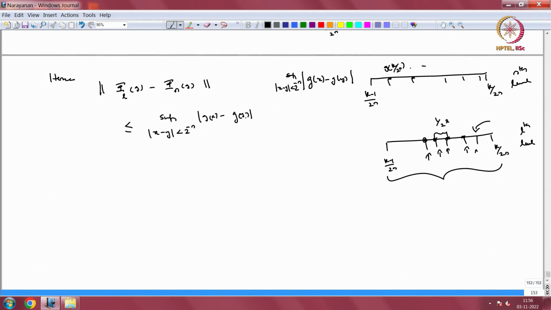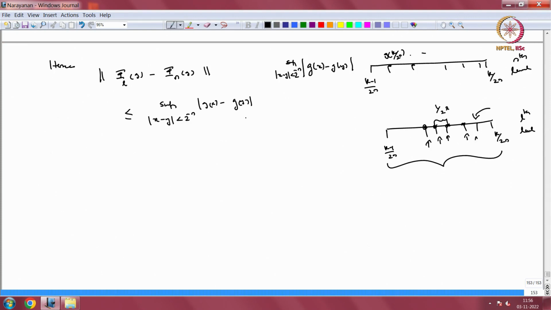So, once you prove this, I hope you have understood this, this will tell me, because of the uniform continuity of g, remember g is a continuous function on a compact set, from R to R, right. So, g is uniformly continuous. So, given any epsilon, I can choose a delta such that |x minus y| less than delta implies |g(x) minus g(y)| less than epsilon, right.